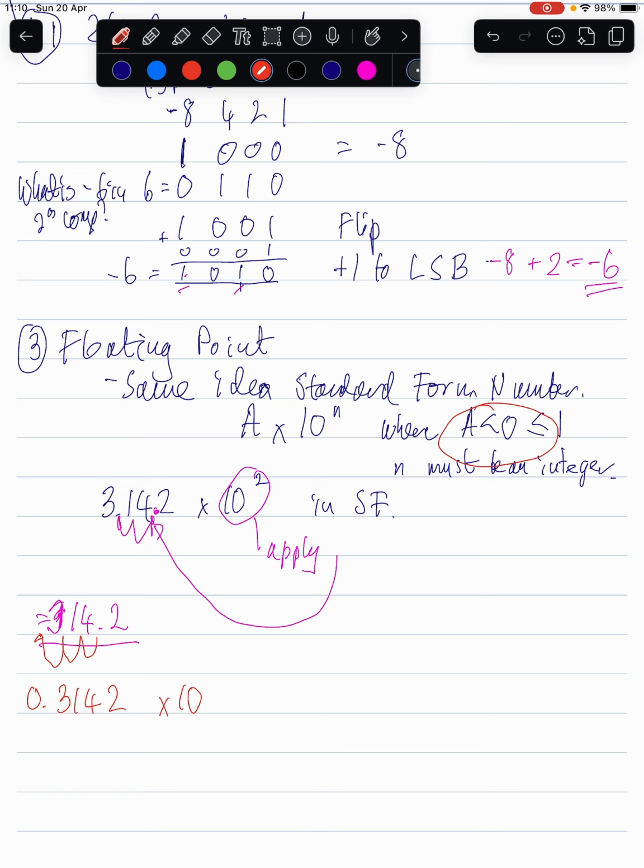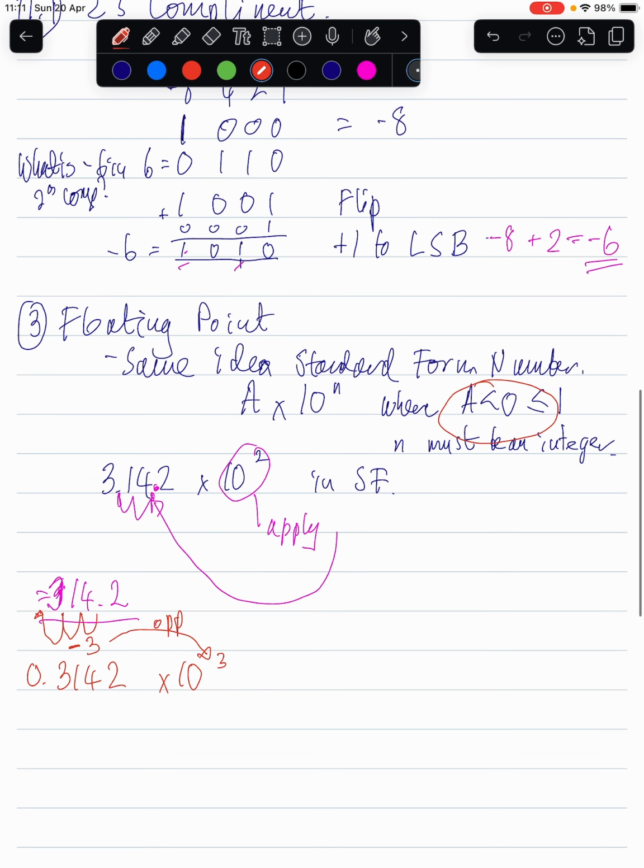Now we went 1, 2, 3 jumps, making it smaller. So let's say we call that minus 3. That was to get it into standard form, but that's not the actual number, so this power would actually fix that, and we need to do the opposite, so that power would be 3.